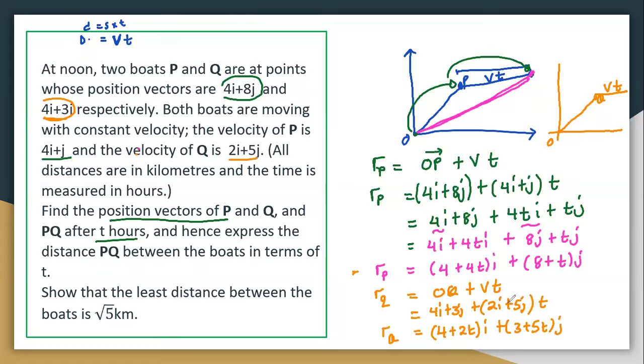Now, we have answered part one, we have answered part two, P and Q. Then the next question wanted us to find, what is PQ? Yesterday, we looked at what we call the displacement vectors PQ.